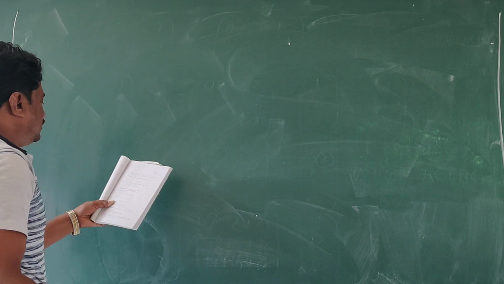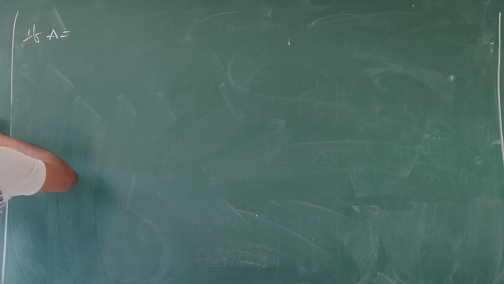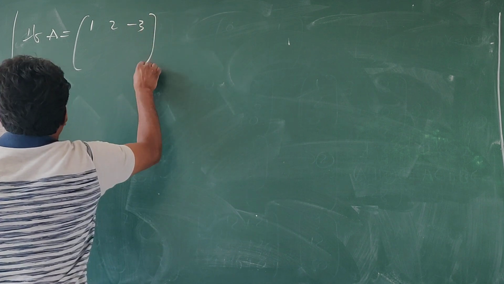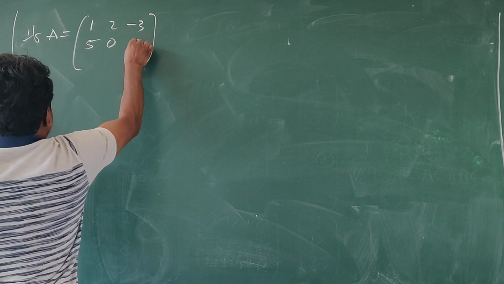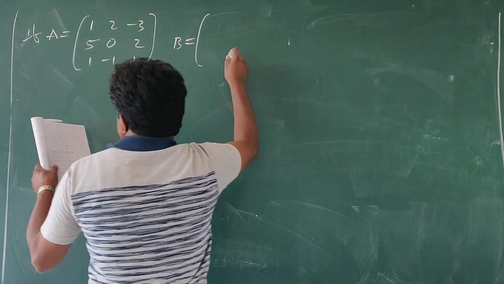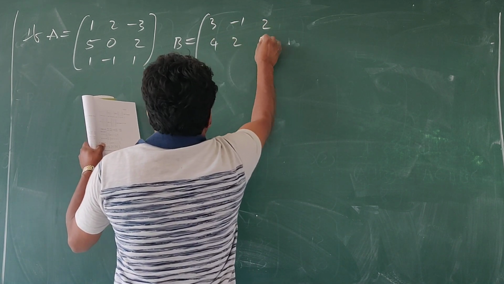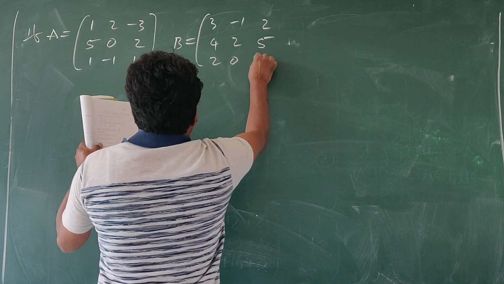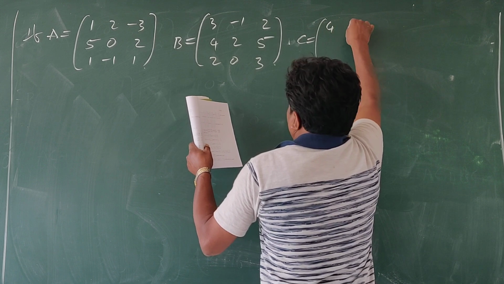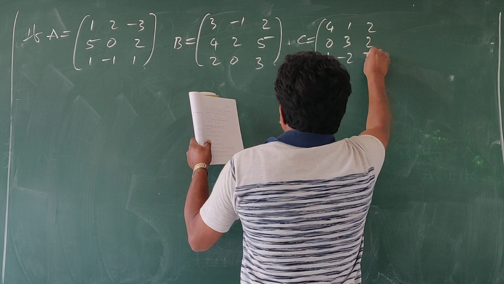Let us go for one more easiest question. If A equals [1, 2, -3; 5, 0, 2; 1, -1, 1], B equals [3, -1, 2; 4, 2, 5; 2, 0, 3], C equals [4, 1, 2; 0, 3, 2; 1, -2, 3].